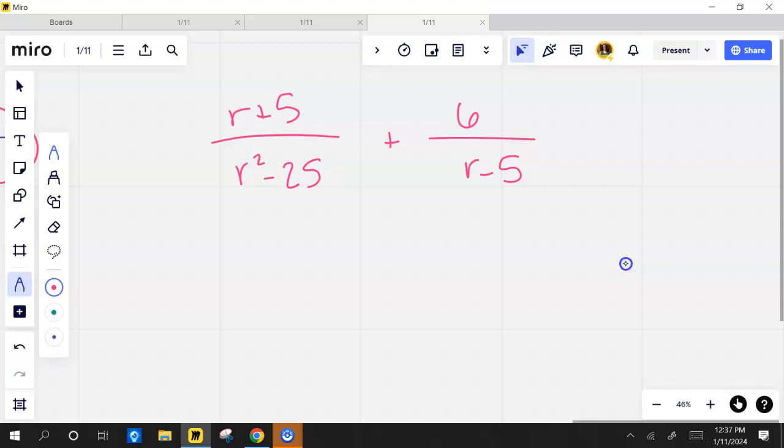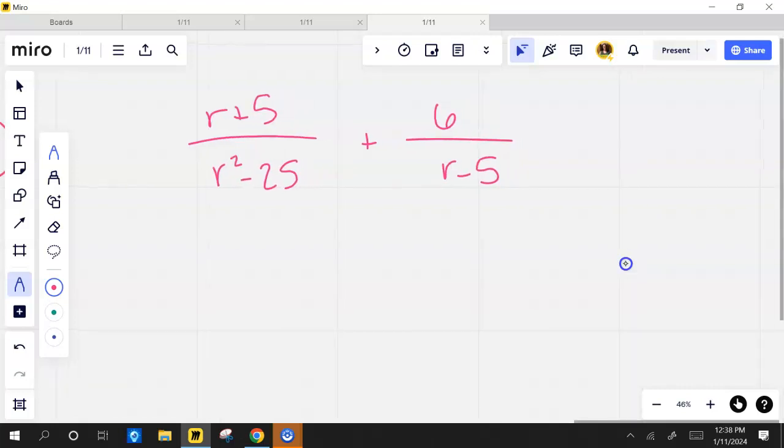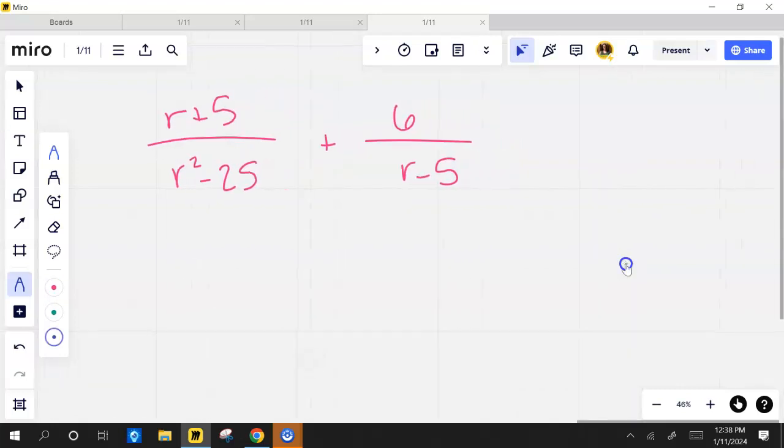All right, what'd you figure out? Before you actually combine them, what do you know about the LCD here? Common denominator, what do you think it is? I hear different stuff. Hannah, what'd you say you think it is? So you think it's R minus 5?